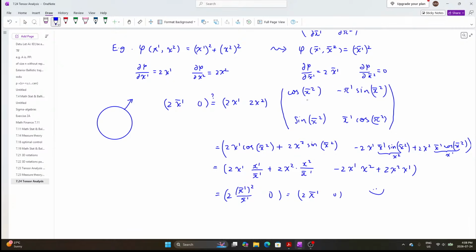So it is clear that it should not have a tangential component. So that's the visualization, the geometric meaning of this calculation. It's just that the transformation law checks out.